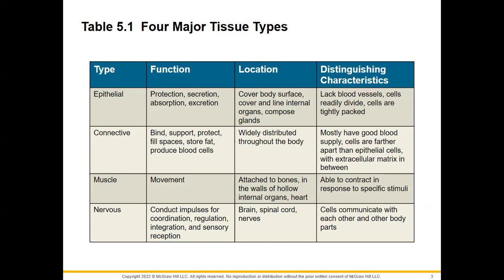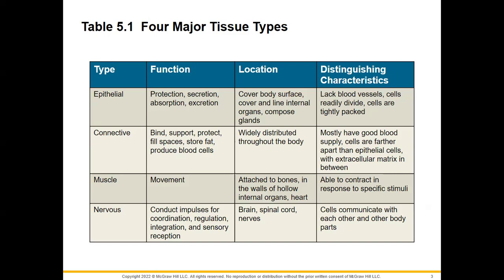So when we talked about epithelial tissues, we mentioned that these cells are protective. They are on surfaces, so the cells are very, very closely packed together. Connective tissues don't have that same type of protection job, so they don't have to be as tightly packed. They can be further apart, and they have extracellular matrix in between the cells.